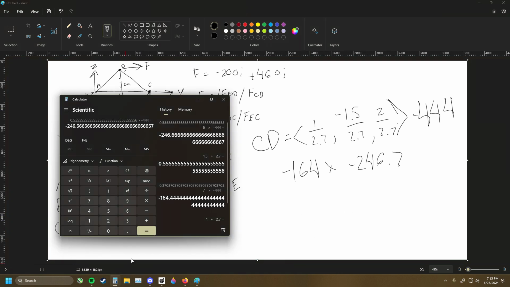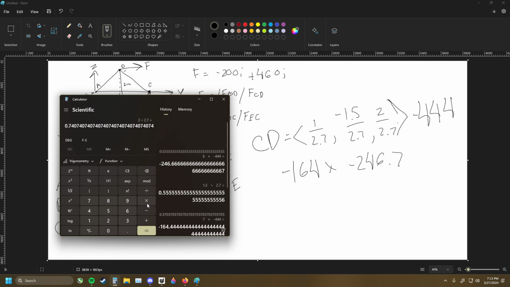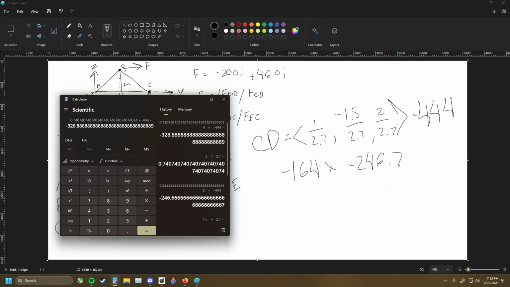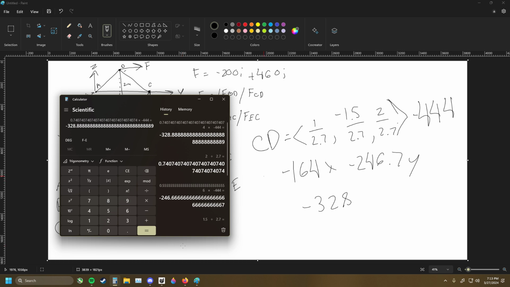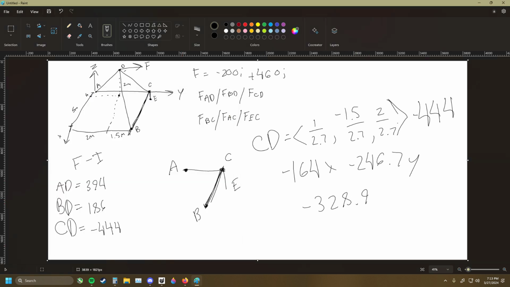I keep on losing my mouse. Okay. And then 2 divided by 2.7 times 444, negative, gets us negative 328.9. I'll just round it.